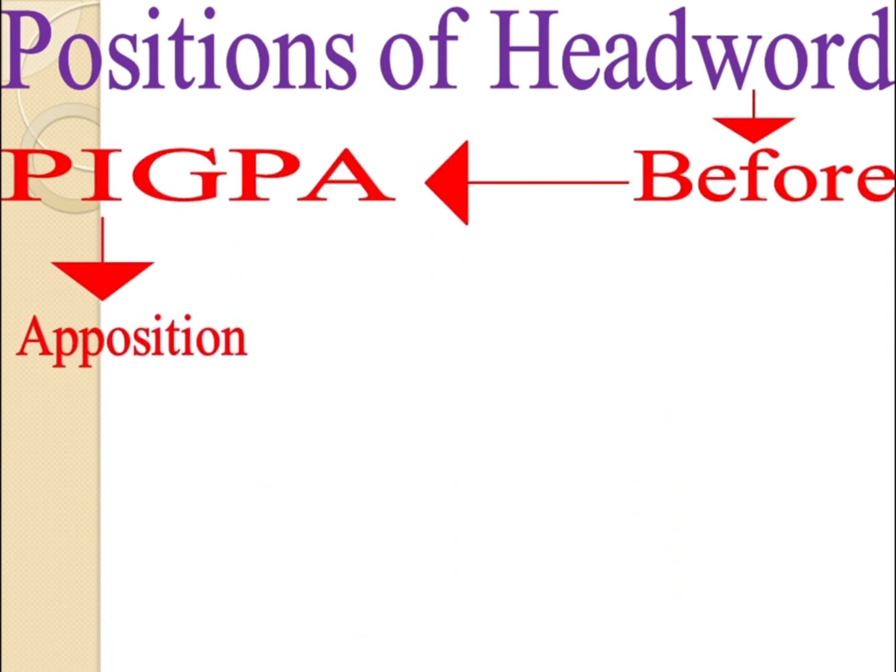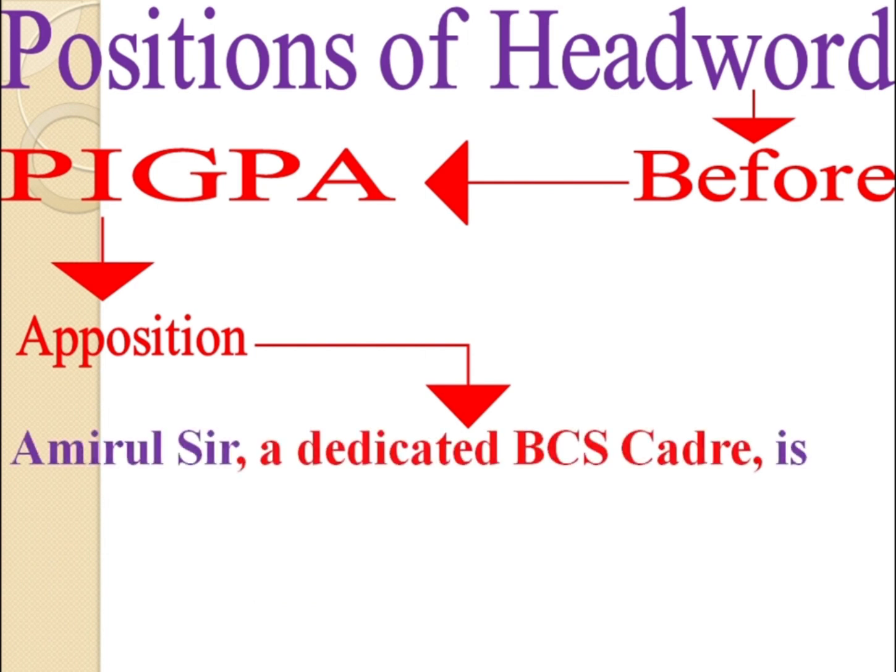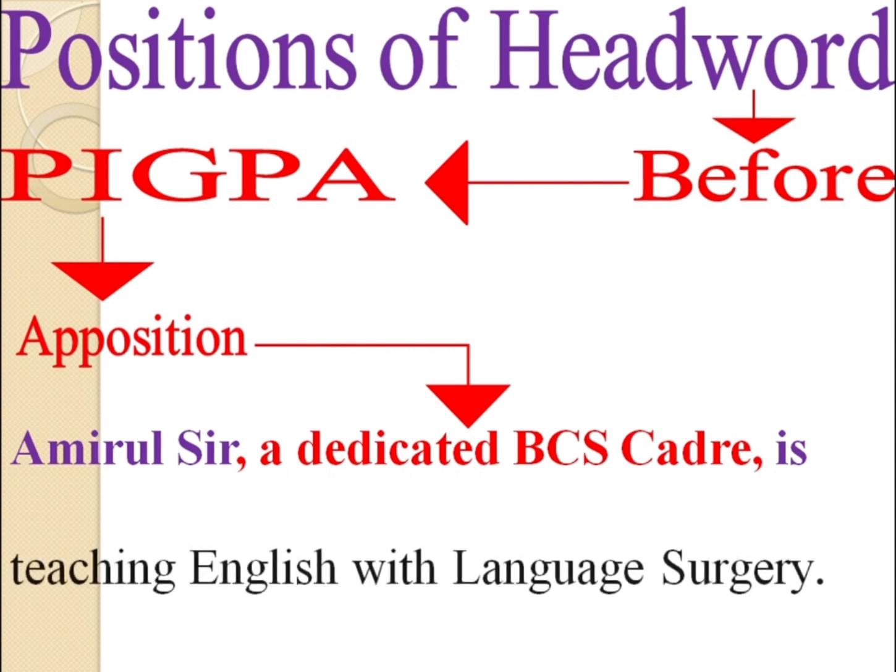Before PIG-PAF, apposition. See: Alsos, a dedicated business coach, is teaching English with Language Surgery. A dedicated business coach is the apposition here. Before the apposition, there is Alsos, which is the headword that follows the singular verb is.